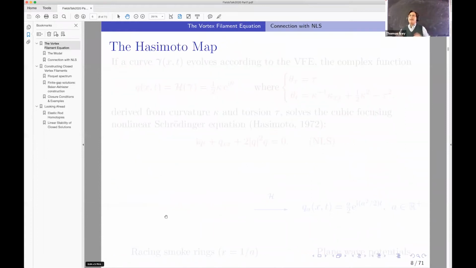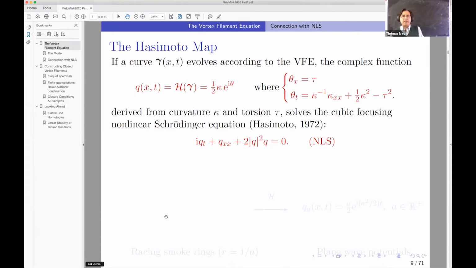So the engine, the thing we exploit in this whole project, is called the Hashimoto map, and that's associating a complex function of x and t to this evolving space curve that's a solution of the VFE. So how does that come about? Well, for a space curve, the basic invariants are curvature kappa and torsion tau.